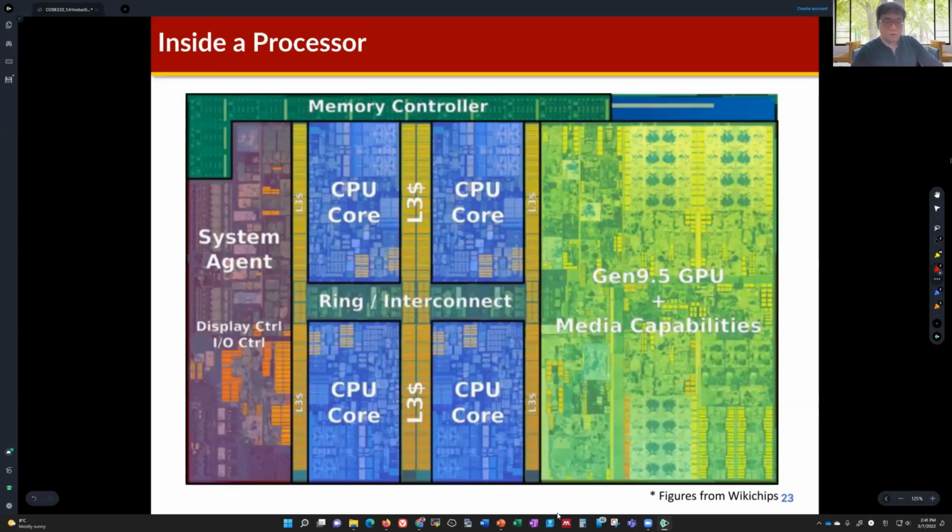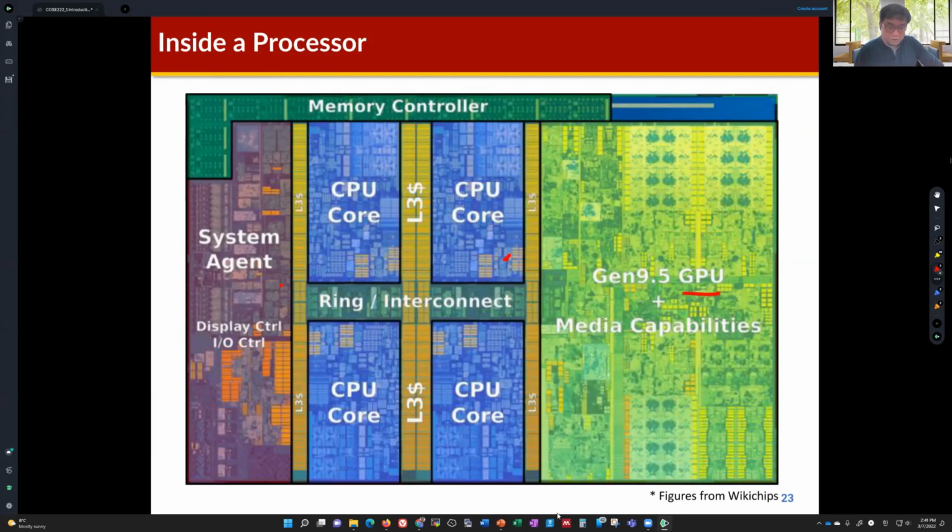So different levels of abstraction. What is added in this photo? You can find that, oh, this part is the memory controller. This is the CPU core, or this is the interconnection. This is some IO components or system agent. And then also, oh, this is the GPU, like Intel embedded GPUs.